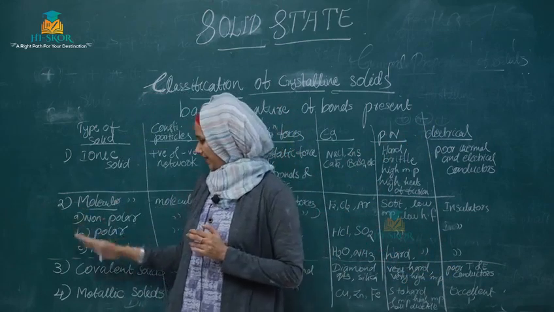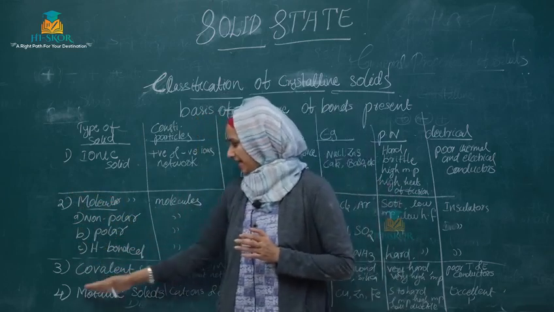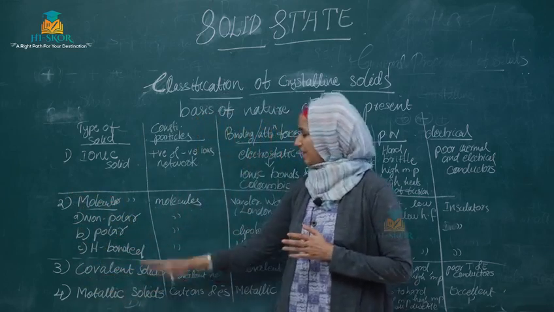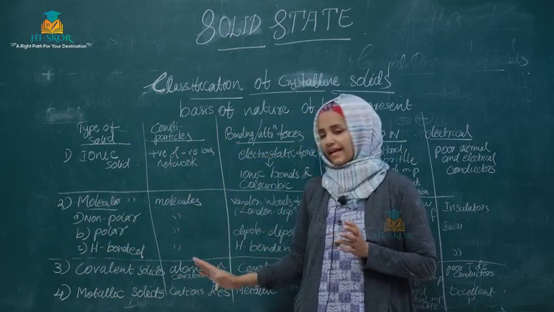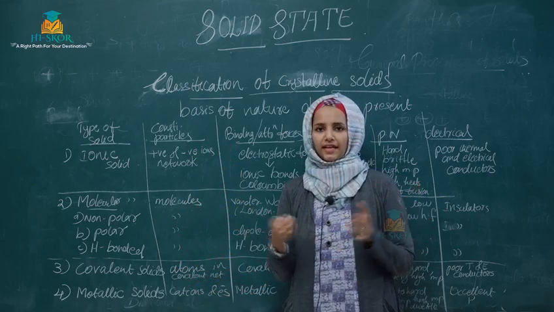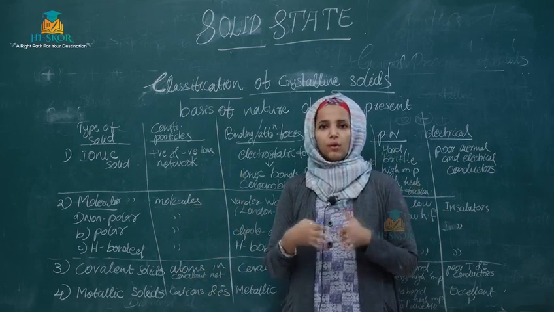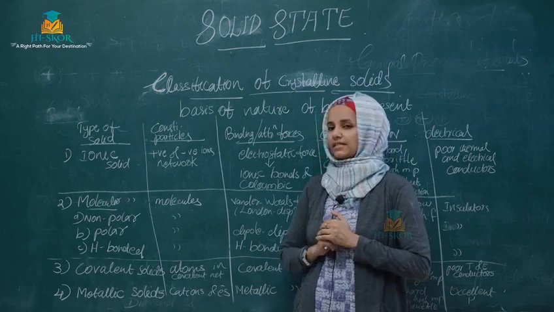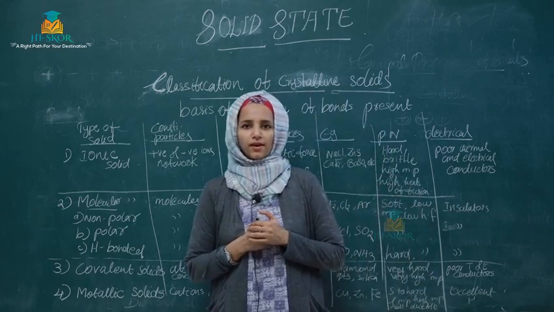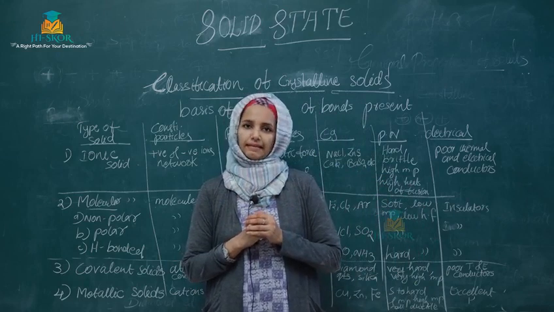Next we move on to the last type, metallic solids. Here the constituent particles are cations in a sea of electrons, cations with a large number of electrons. What about the nature of the bond? The bond is metallic in nature.